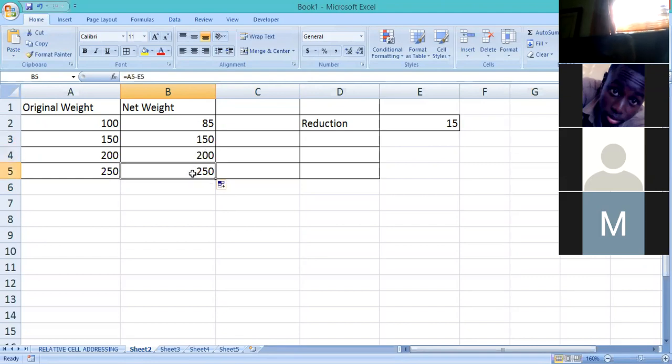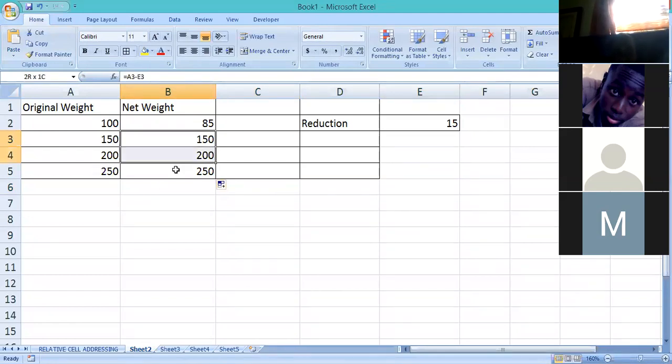And the last one is A5 take away E5. But look over here. Anything in E5? Nope. Anything in E4? Nope. Anything in E3? Nope. And so that is why it basically minus 0 from the figure. So that's why it gives it back, right?